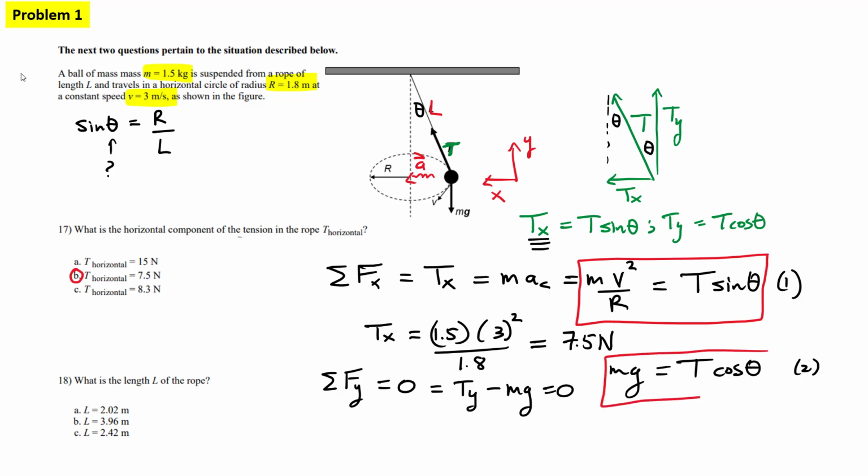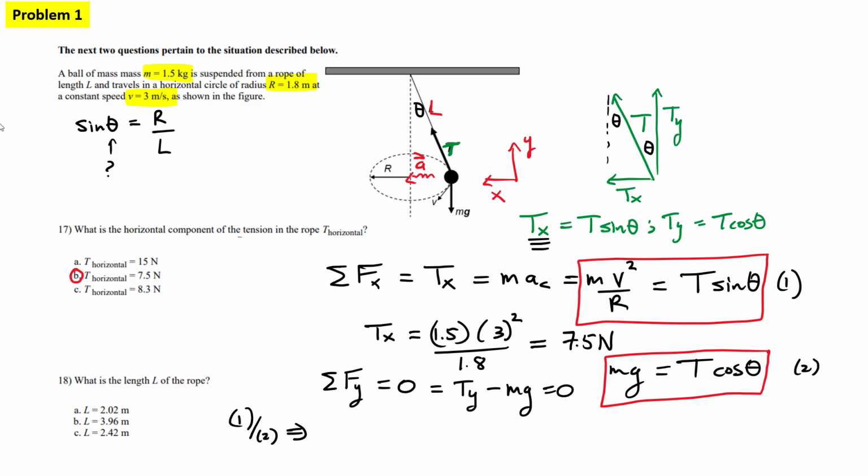Now my goal in all of this was to determine theta. If you know theta, you go back to my trigonometric identity over here, and I'll be able to find the length of the rope. So how can I get theta from equations 1 and 2? Well, one way you could do that is to take equation 1 and divide it by equation 2. If you do that, you're going to cancel out the tensions.